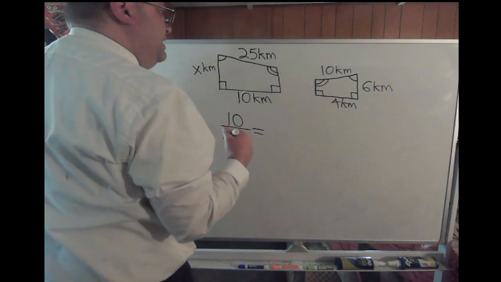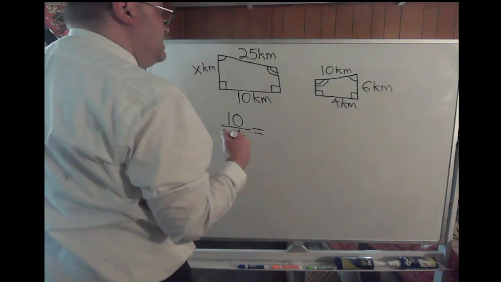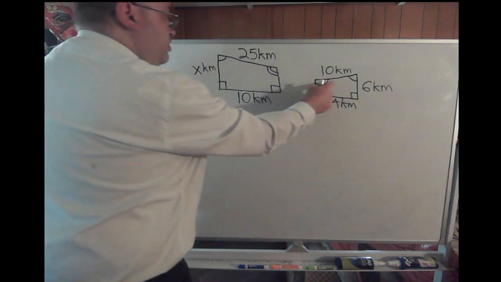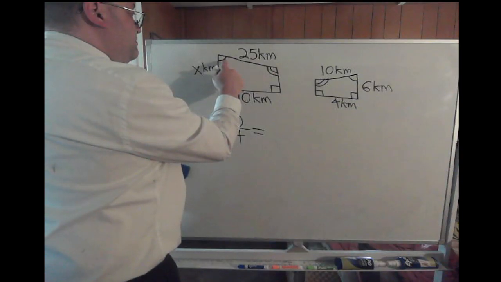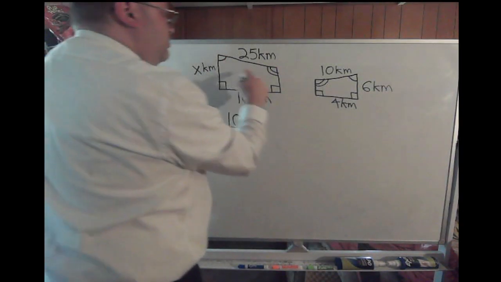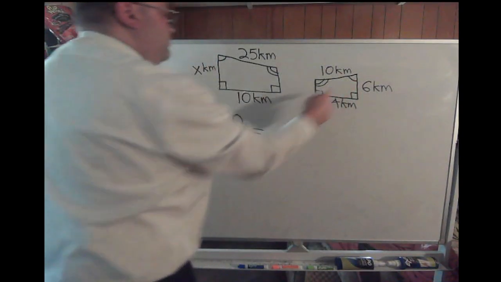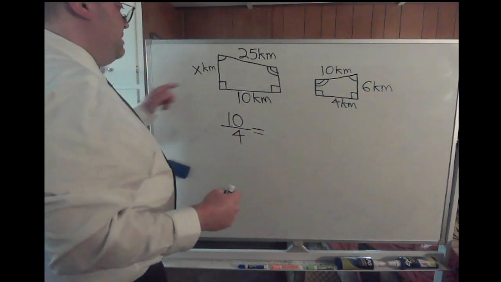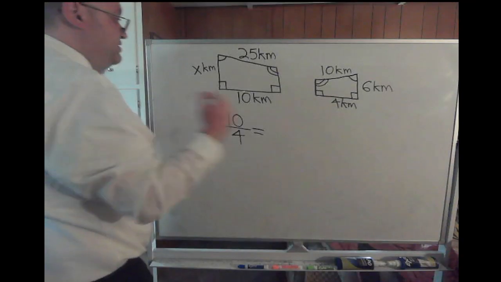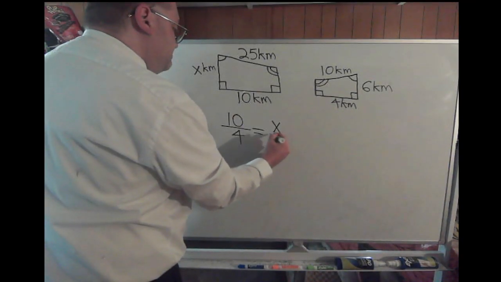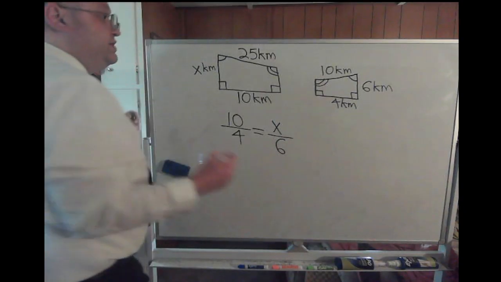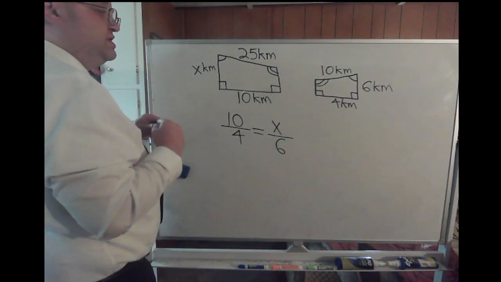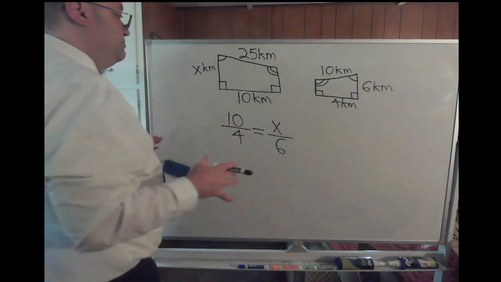It looks to be that, based on the congruency markers here, because the top left angle of this quadrilateral is congruent to the top right angle of this quadrilateral. That means that x on the big quadrilateral has a ratio with the 6 kilometers on the smaller quadrilateral.